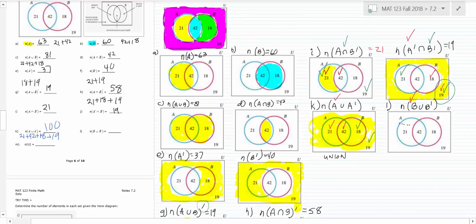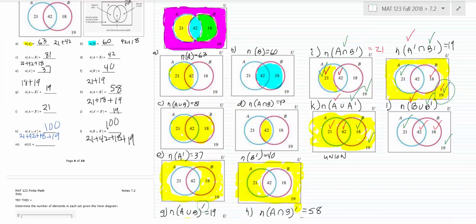Let's do a red check mark for everything that's in B. So 42 and 18 is in B. And let's use the green check mark for everything that's outside of B, which would be 21 and 19. Would the answer be the same? Absolutely. So this would again just be 21 plus 42 plus 18 plus 19. So there are 100 elements in there.